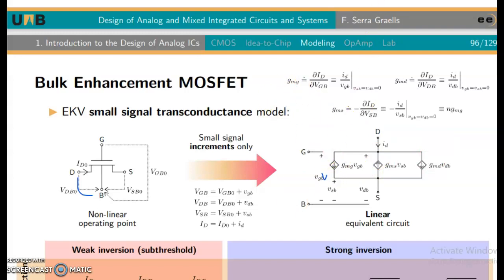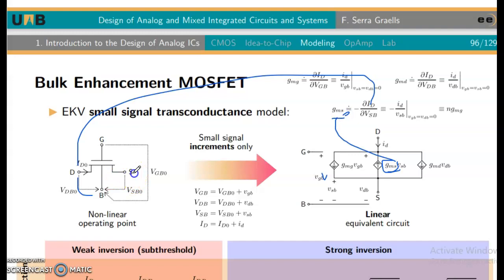GMS we will see here. GMS, where is that GMS? This one. GMS equals the partial derivative of ID with respect to S, for source.